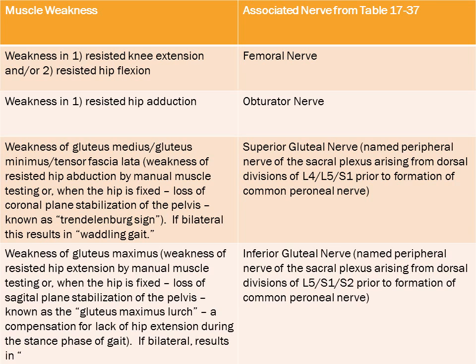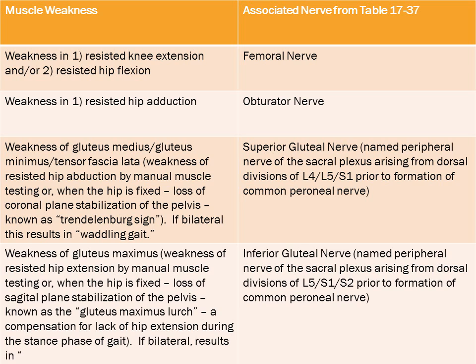So if you find weakness in number 1, either resisted knee extension and/or number 2, resisted hip flexion, that's associated with the femoral nerve. Weakness in resisted hip adduction, that's associated with the obturator nerve.